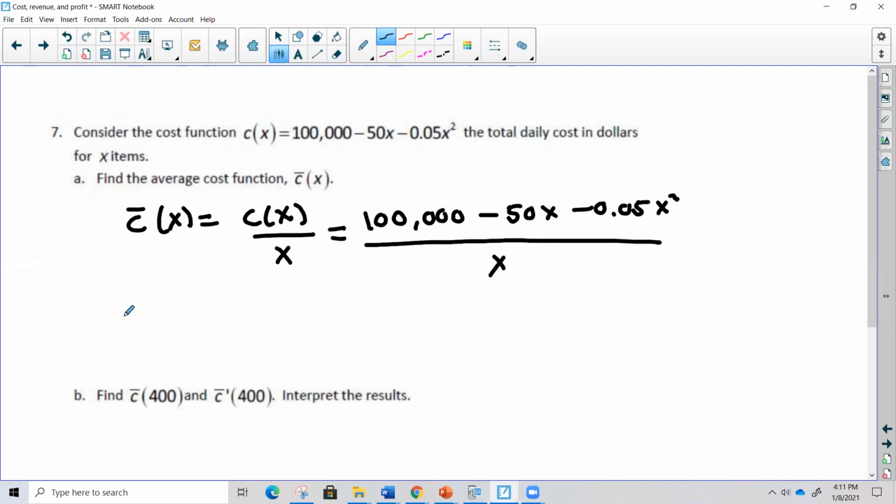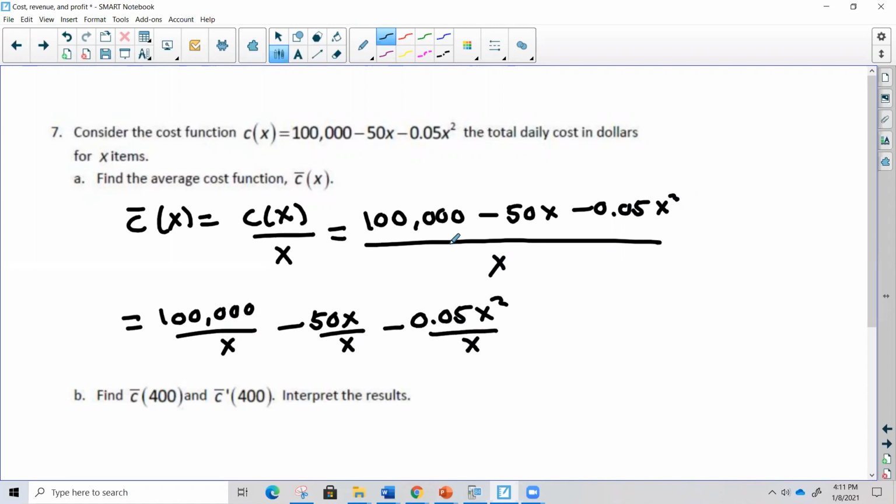So when I do that, I have to separate this and divide each term in the numerator by what's in the denominator. So I'm going to divide all three of these by X and then simplify. So the 100,000 over X doesn't really simplify.